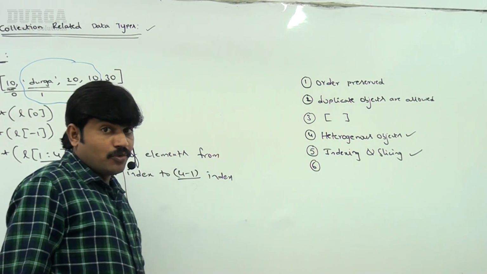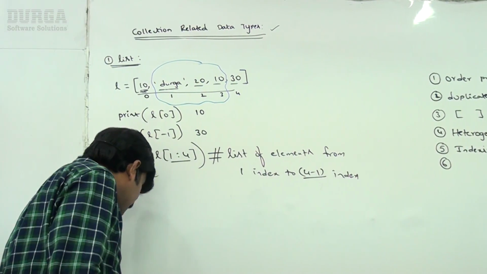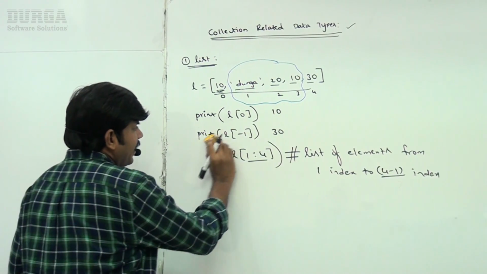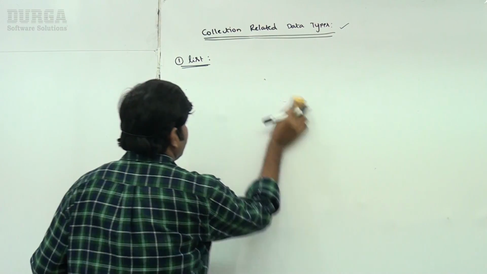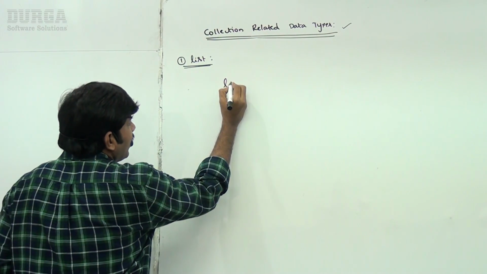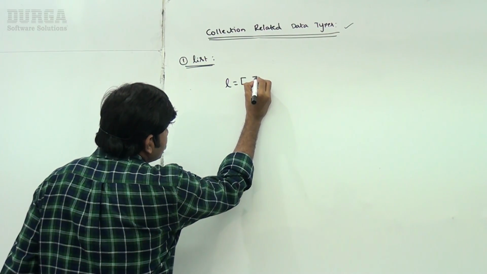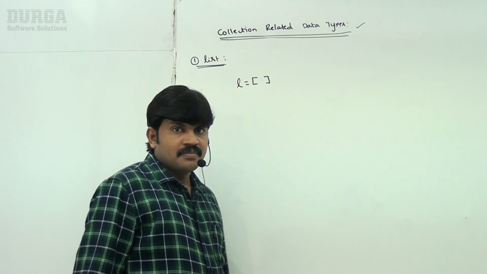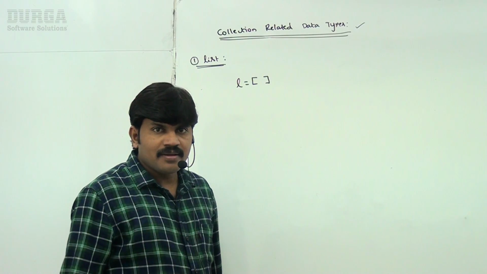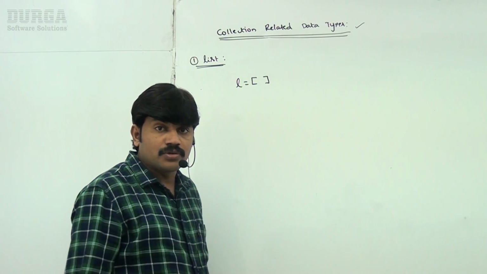Next, one more point. Listen very carefully. If I take L is equal to square bracket open and close, what am I doing?